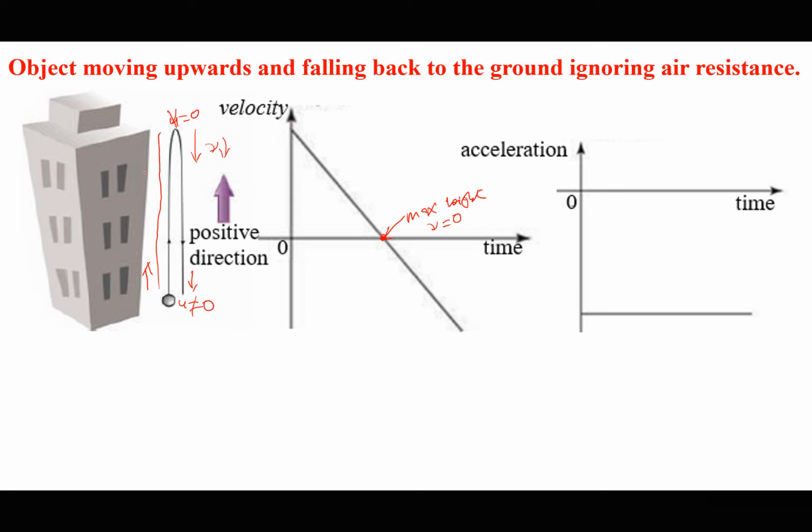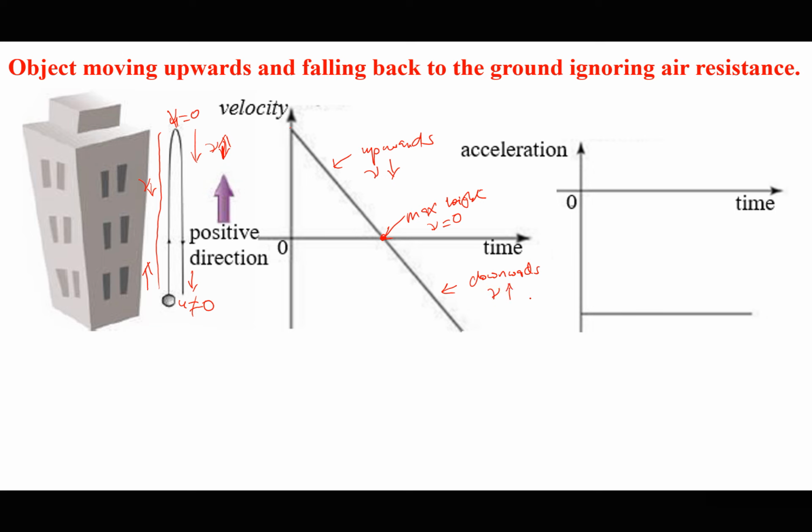On the left-hand side, velocity decreases. Here, velocity increases when the object is falling. So this part here is moving downwards. Here it was moving upwards. So here velocity decreases when it is moving upwards, yet here velocity increases when it is moving downwards.